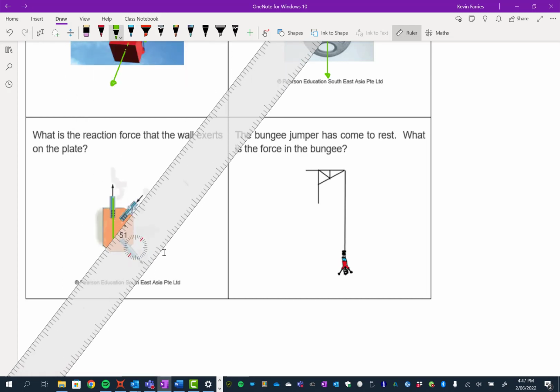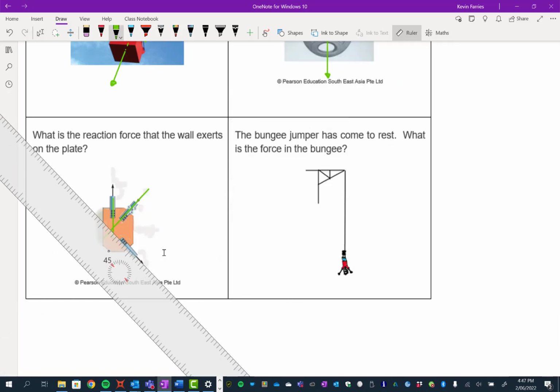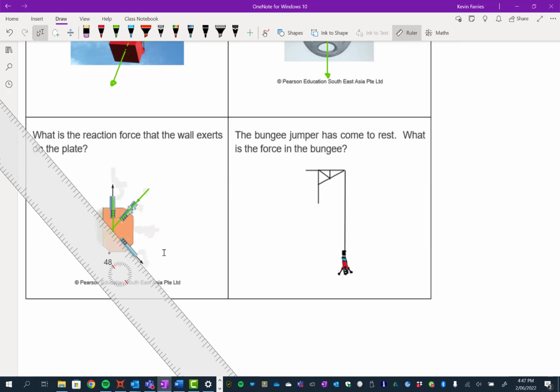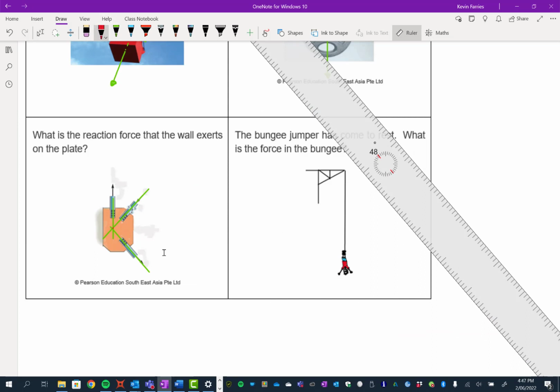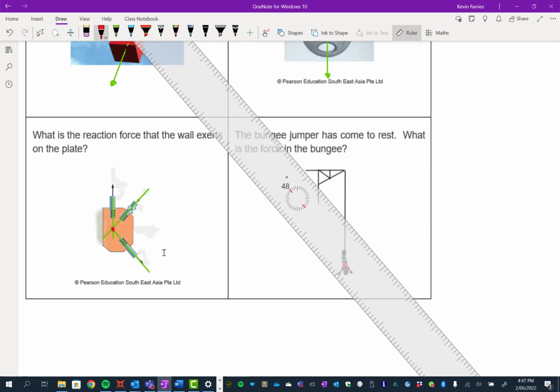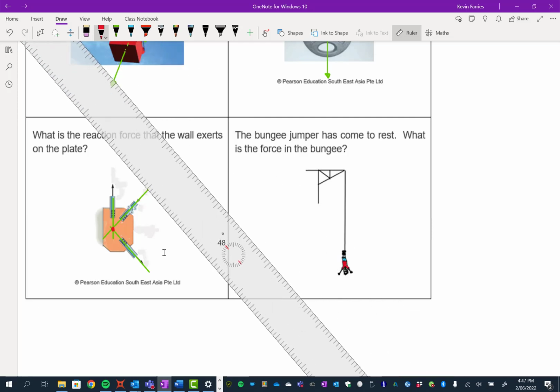One like so, one like so, one like so, and all these forces align with the particle here. So we just consider a tiny little section of this plate to be what we assume to be the particle, and then we're going to look at the equilibrium of that particle to find out unknown forces.